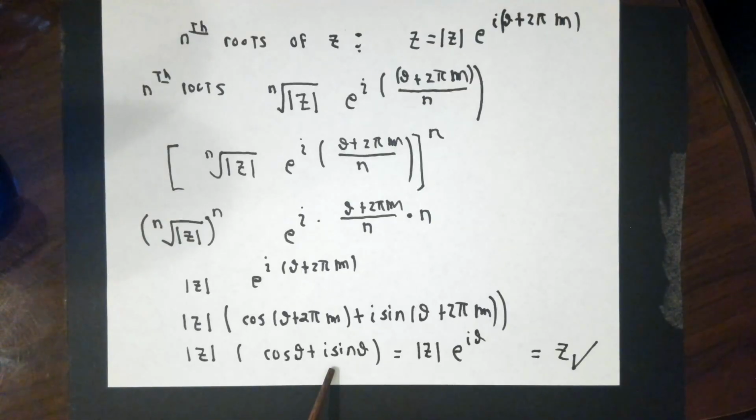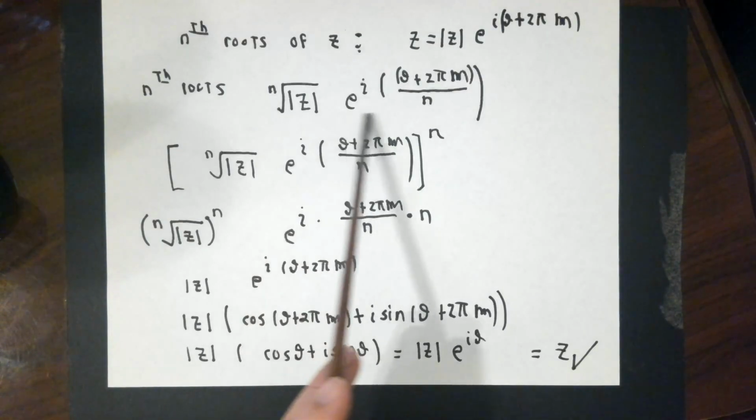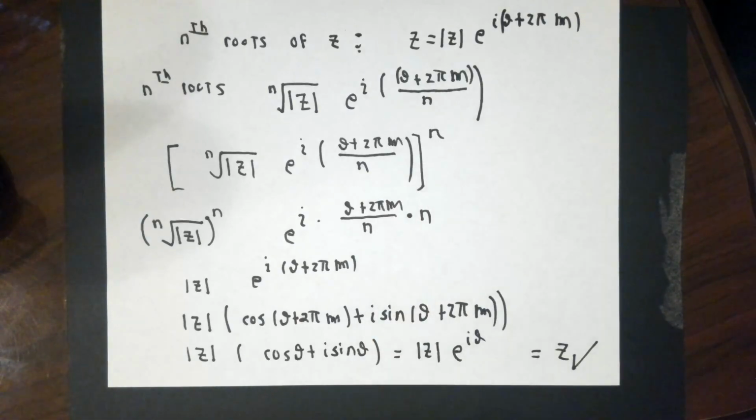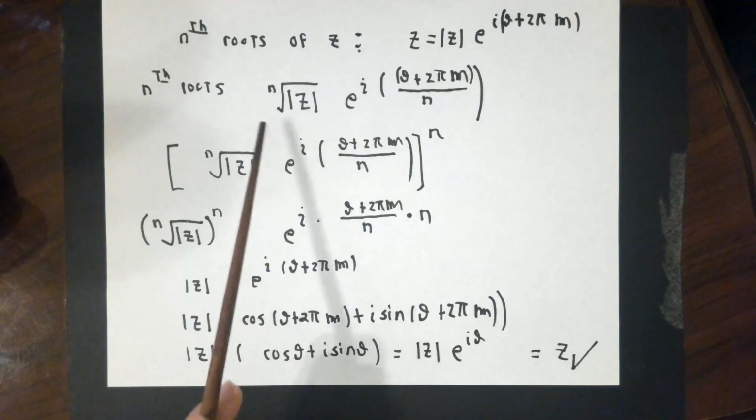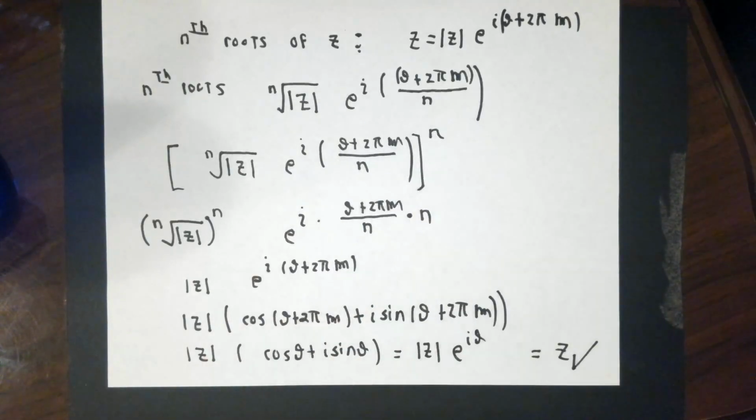So this tells me if I take one of the quantities that looks like this and raise it to the n power, what I end up with is modulus of z times cosine theta plus i sine theta, which in our other language was modulus of z symbol e^(i theta), which was z. If I raise any quantity of this type to the n power, I get z.